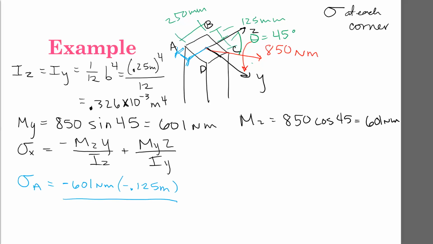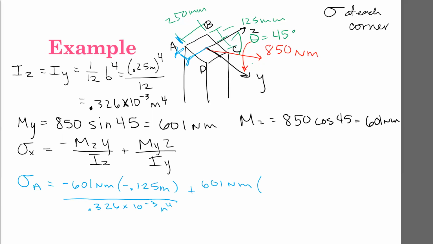Now we need to divide by Iz. So that's 0.326 times 10 to the negative 3 meters to the 4th. Plus 601 Newton meters, which is the moment about the y-axis, times, now I need the z measurement.